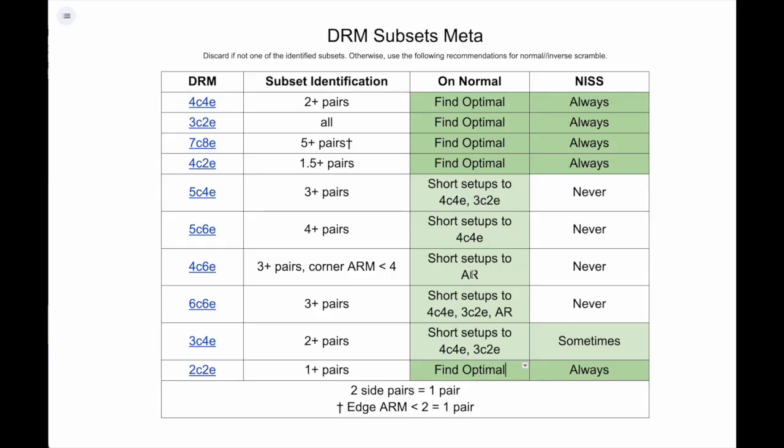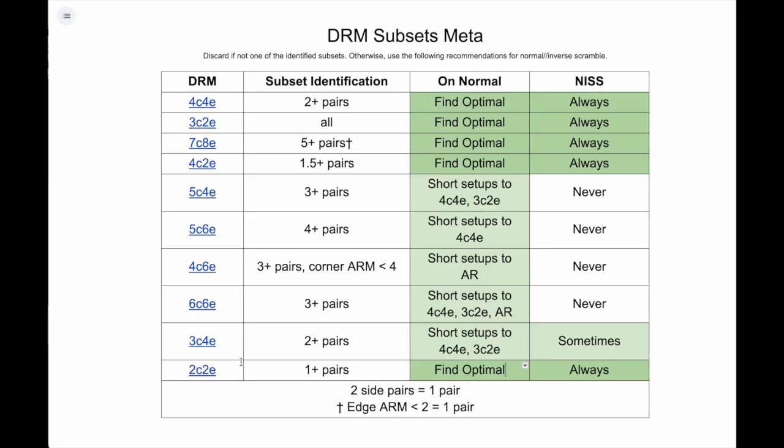So if you want to really refine that, you can limit what random moves you're trying to lead to. There's another refinement for breaking down the 4C4E by corner cases. The most interesting thing there is if you have 4B corners, you need edge arm equal to 1 to have a decent chance of finding sub 7. So that's an interesting case.